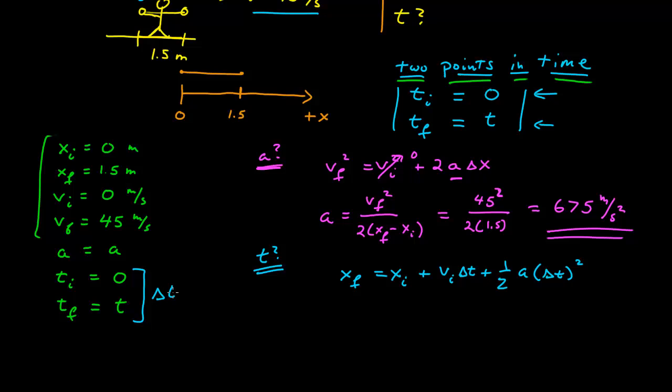The time difference, which is t minus 0, once I substitute in the final time minus the initial time, is just equal to what I'm calling the unknown t, but I sort of skipped a whole lot of steps there.